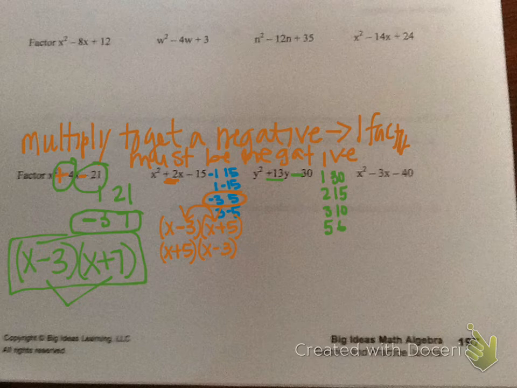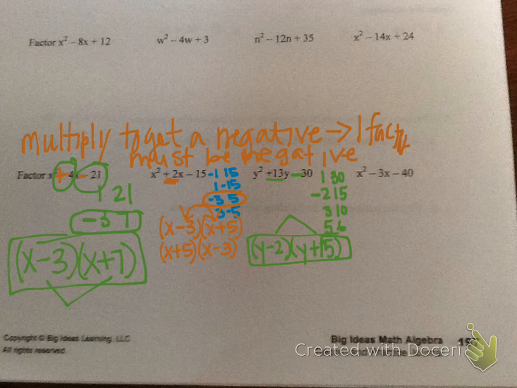So then I move to 2 and 15. And if the 2 is negative, then my answer, y minus 2, y plus 15, would work, because when I add them I get 13, when I multiply them I get negative 30.